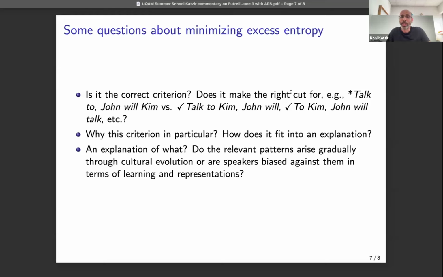And what is it that we explain here exactly? Because if we're explaining what speakers do in terms of their inference, that's one thing. If we're explaining, as I mentioned a moment ago, how evolution shaped things, that's a completely different project. And one can imagine information-theoretic considerations entering into both, but in very different ways.